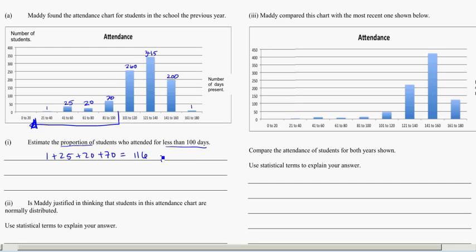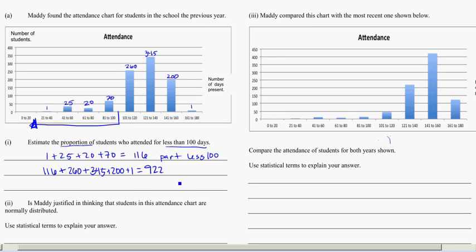So this is the part, the ones that are less than 100 days, and I need to know my total, which is that 116, plus the other ones that I measured up here. So 260 plus 345 plus 200 plus 1 gives me a total of 922 students.